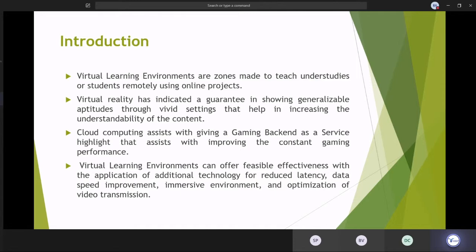Through the use of a virtual learning environment, the students also obtain a real sense of achievement that they can only gain by doing something in a practical way.